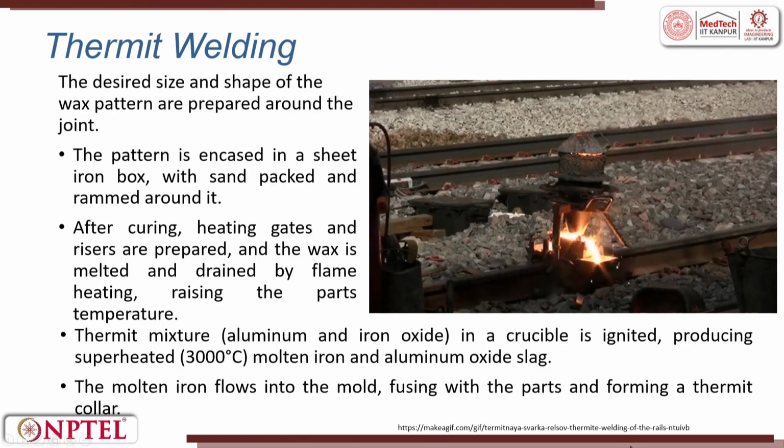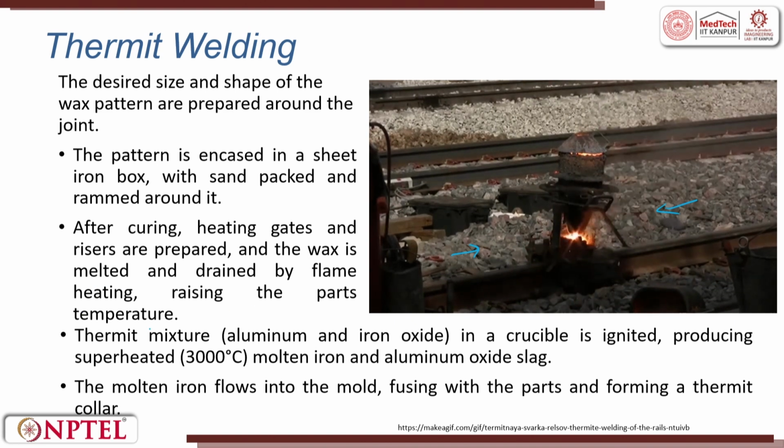So, this is how it is done and here is a video which shows that. We have a railway track on top and bottom and then the front side, and this is the railway track. We react the reaction and the liquid is poured at the joints. A pattern is encased in a sheet iron oxide with sand packed and rammed around. After curing, the heating gates and the riser are prepared and the wax is melted and drained by the flame heating.